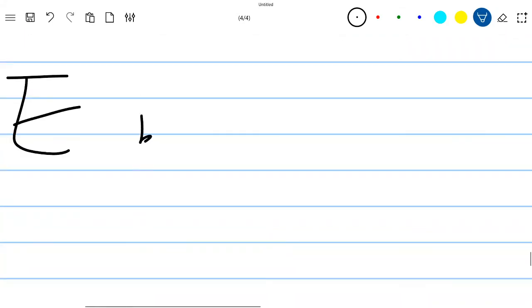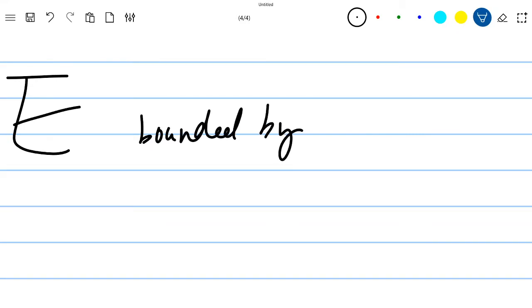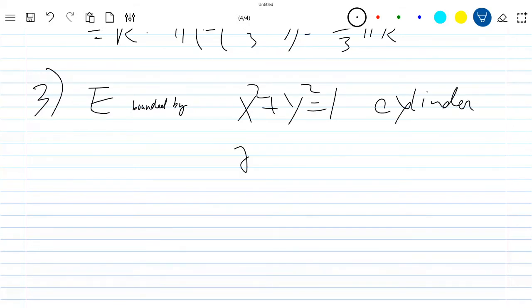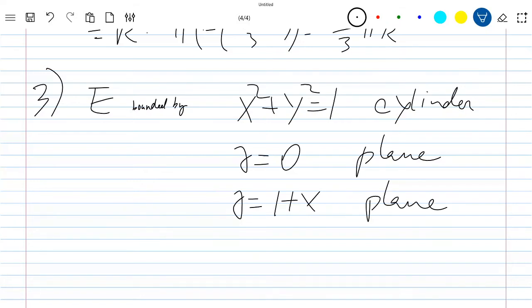E is bounded by x squared plus y squared equals 1. And that's a cylinder. And z equals 0. That's a plane. And z equals 1 plus x. That's also a plane. So let's sketch it.